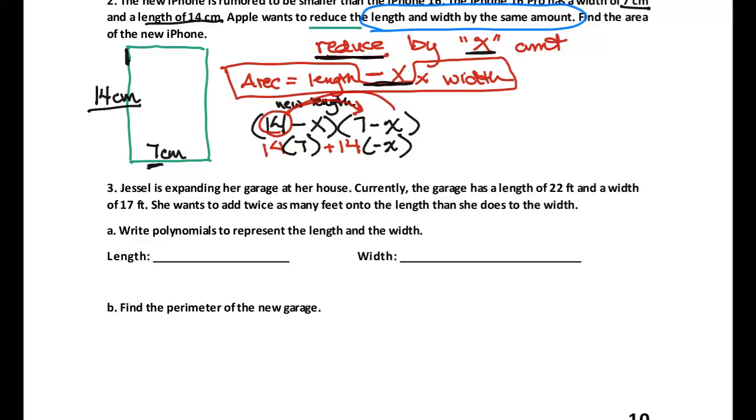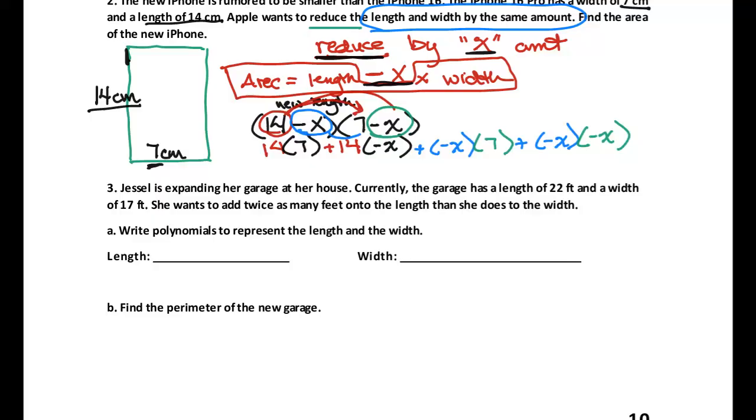Then I take my second term, negative X. So that is plus a negative X times the first term here, which is 7, plus a negative X times negative X. So everybody see how I did that?